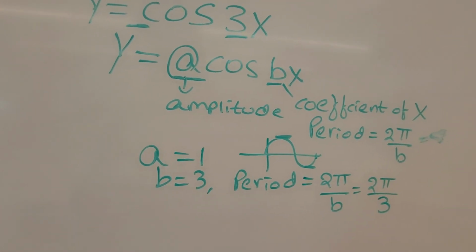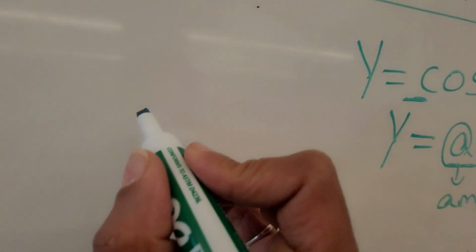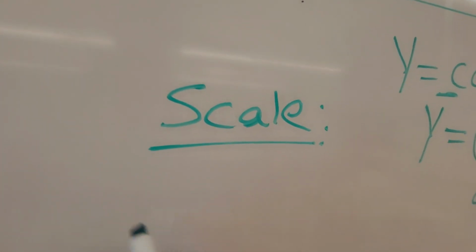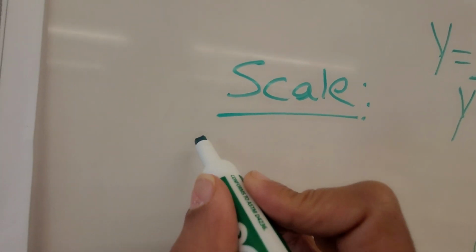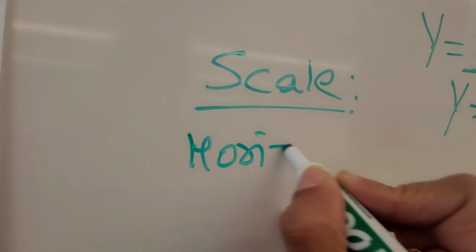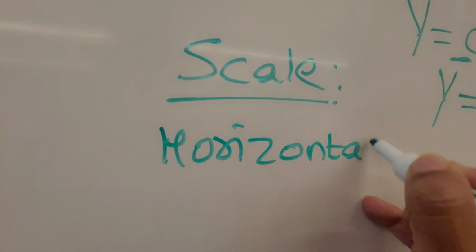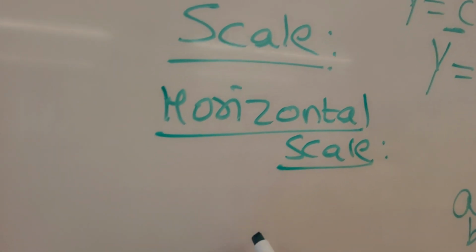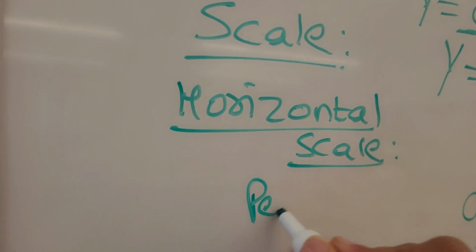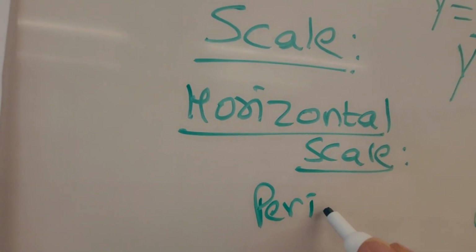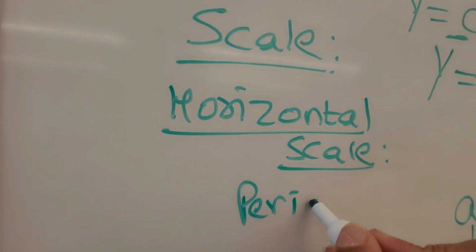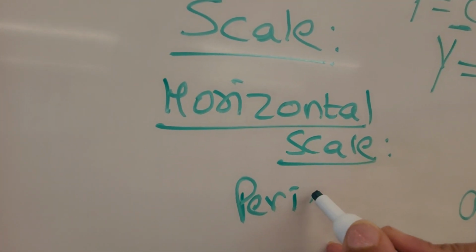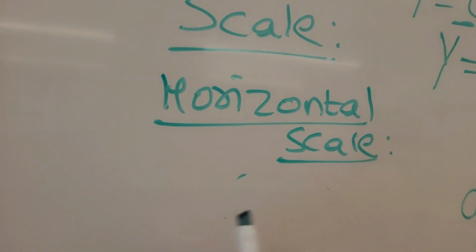In order to do the graphing, we need to have the scaling here. So let's design the scale on the graph. The horizontal scale is on the x-axis.